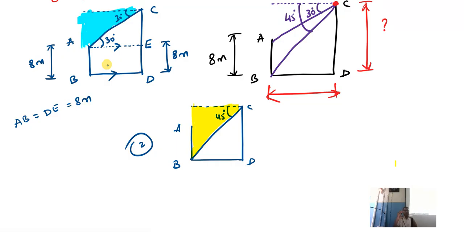How much is AB? Even DE is also the same. Similarly, how much is AE? Even BD is also the same. AE and BD are the same. Either you find the BD value or you find the AE value, both are the same.